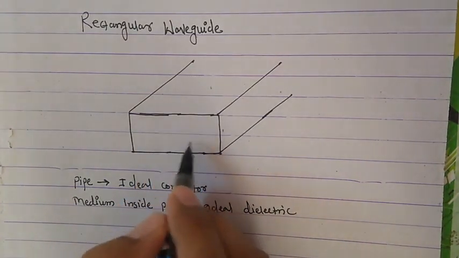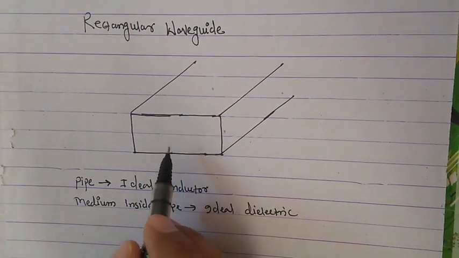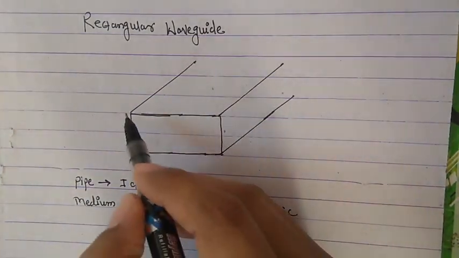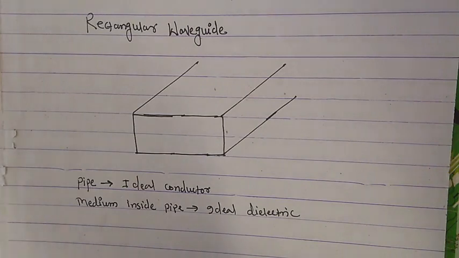So here we have ideal dielectric, and these walls or these pipes are made up of ideal conductors.